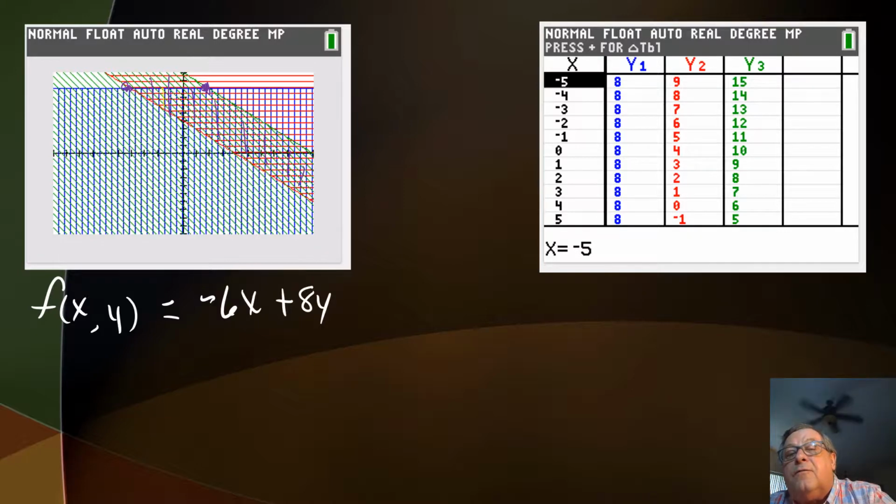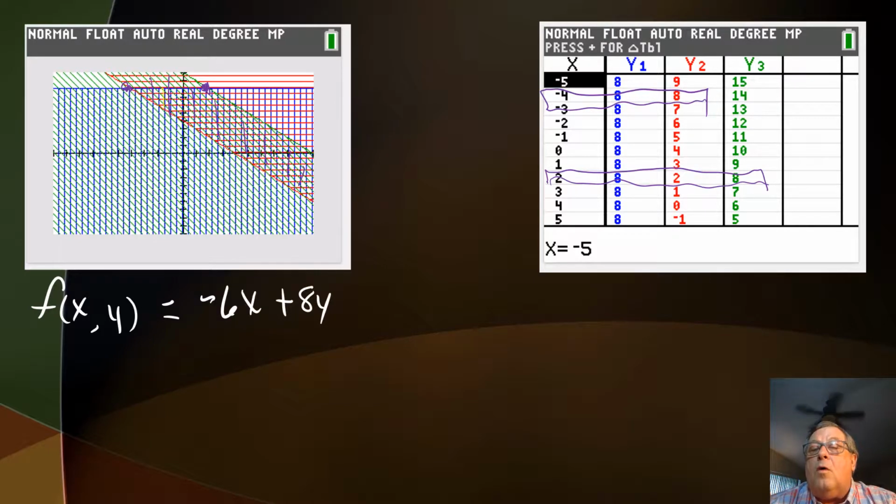Here I can confirm that at negative 4, both y1 and y2, the first and second equations, are equal to 8, which is what it appeared when I looked at the graph. And also when x is equal to 2, y1 and y3 are also both equal to 8. That's confirming my vertices.